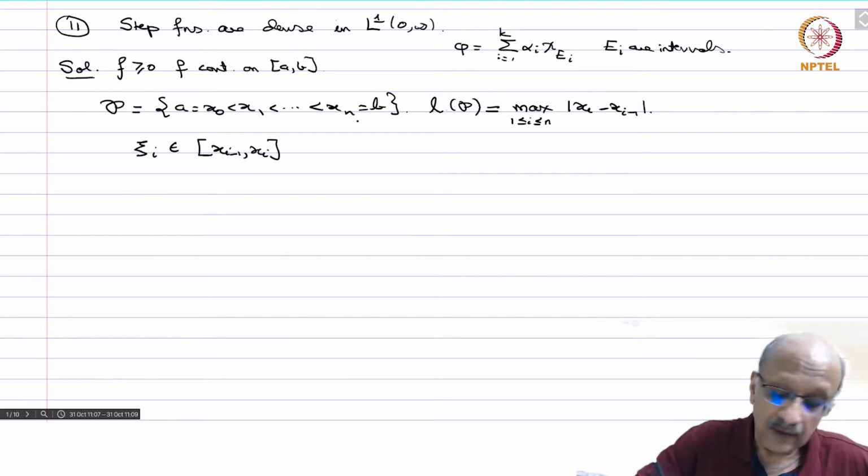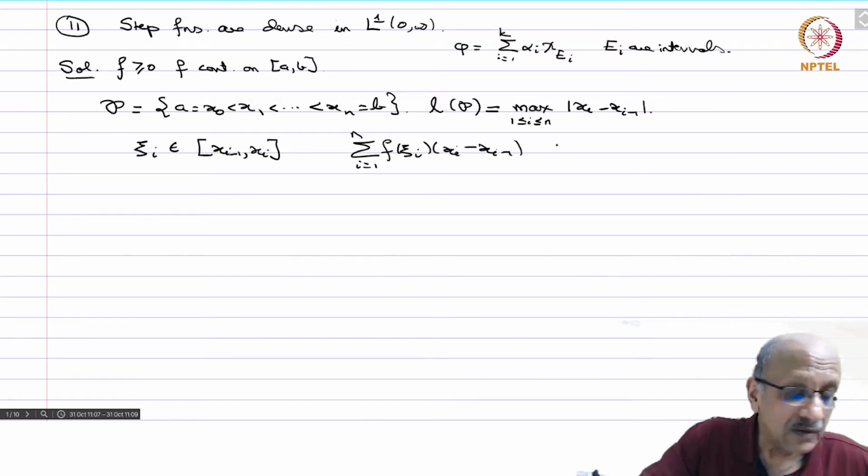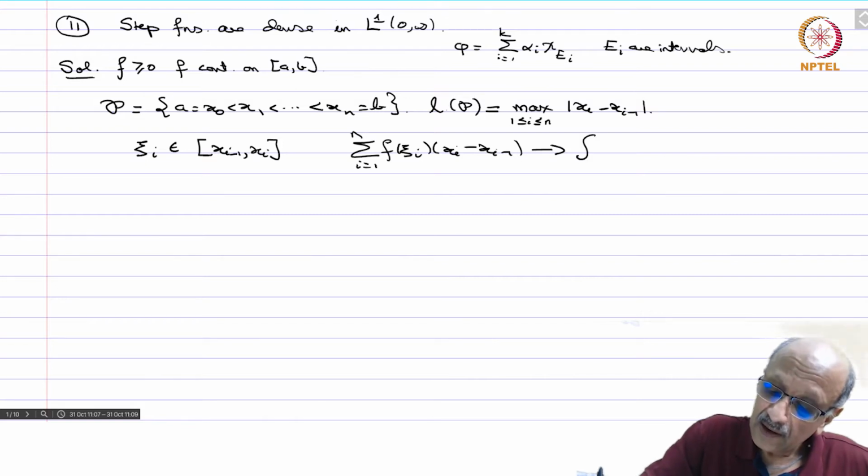Then if xi_i is a point in [x_{i-1}, x_i], the Riemann sum, sigma i equals 1 to n of f of xi_i times (x_i minus x_{i-1}), converges to the integral from a to b of f of x dx, as L of P tends to 0.